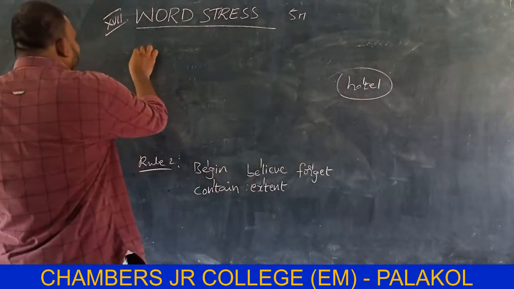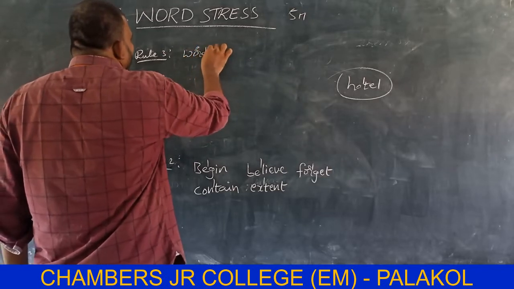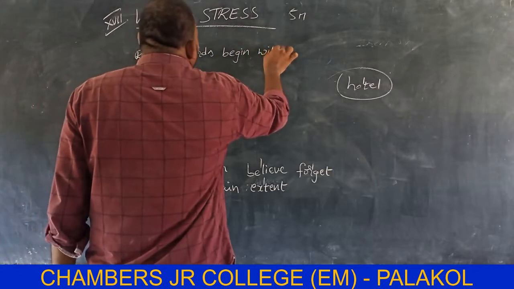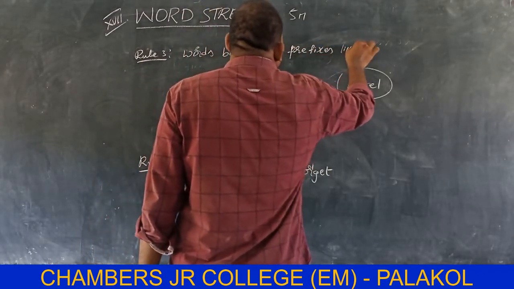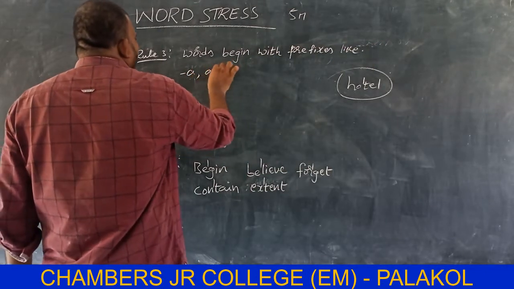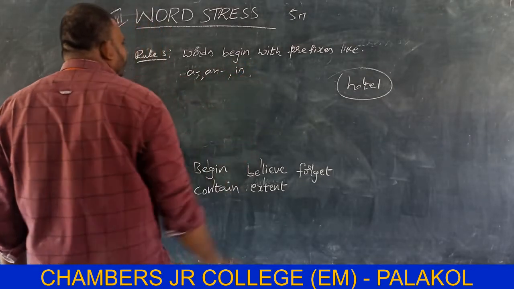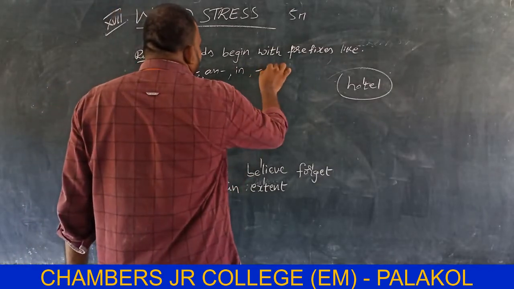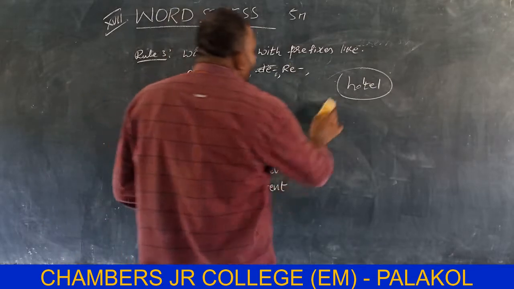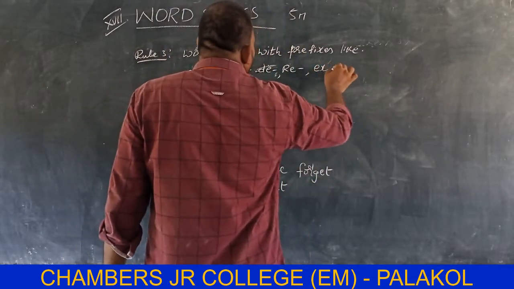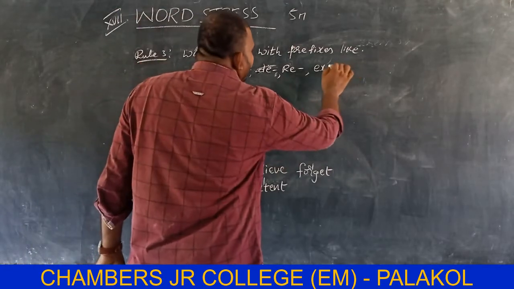Rule number 3. Words that begin with prefixes like a, in, d, re, x, b.